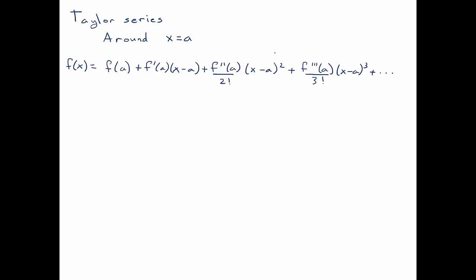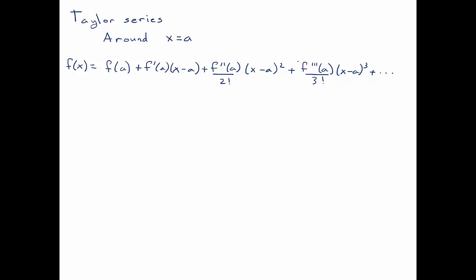So we want to write out our general form. It's pretty similar to Maclaurin series. Now we have x minus a that's being taken up to powers instead of just x. Instead of evaluating our function and its derivatives at 0, we're evaluating them at x equals a. We're still having our factorials in here.